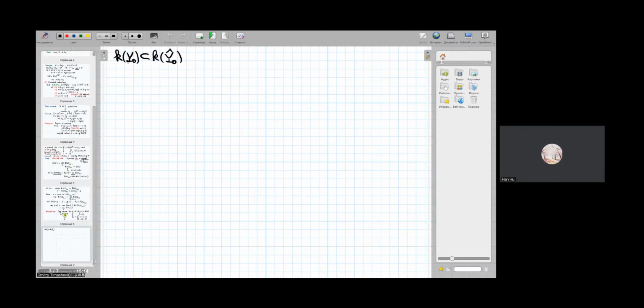So this field is a subfield in here. And actually, this field is a simple extension of this field by adding a generator t, which is just any linear function on the vector space.